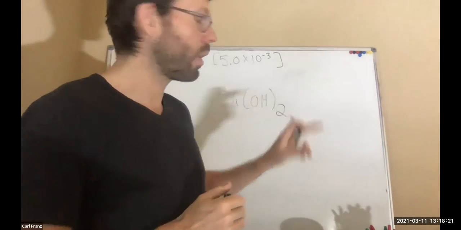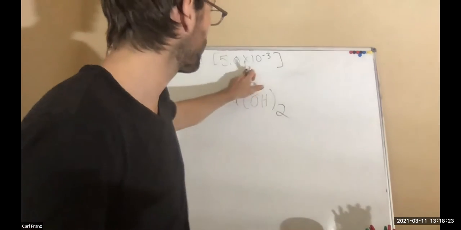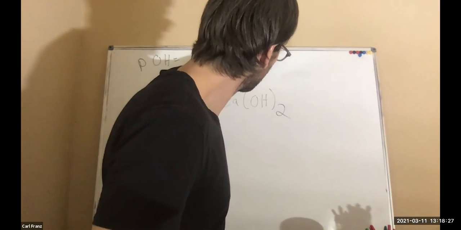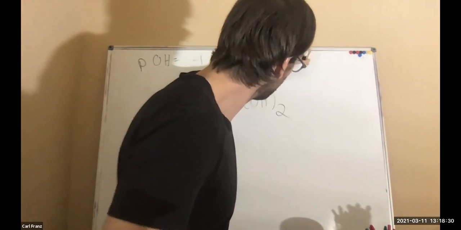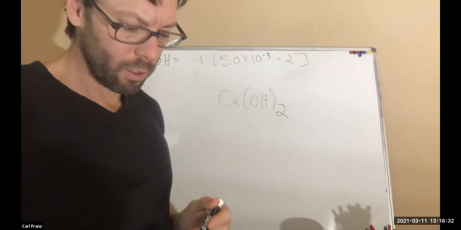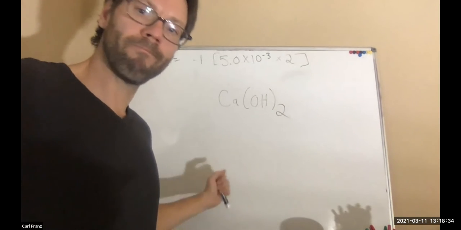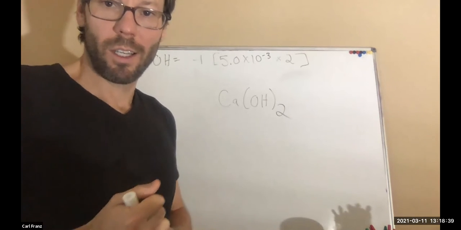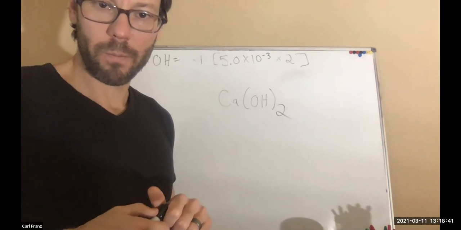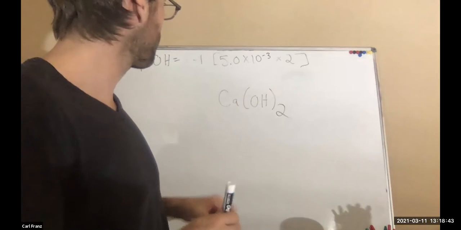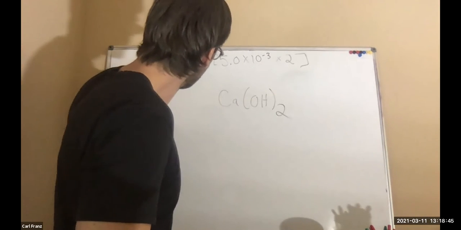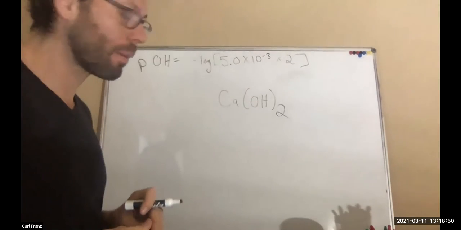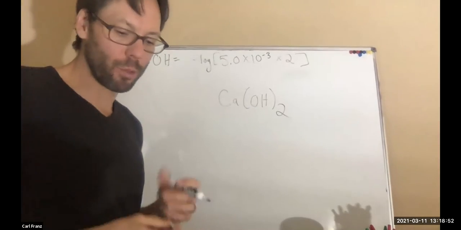But because there are 2 here, we have to factor that in. We just multiply this by 2. I know there's a homework problem where you'll need to keep that in mind. All right. So then this just becomes the negative log of 5.0 times 10 to the negative 3 times 2. And what happens when you get that?